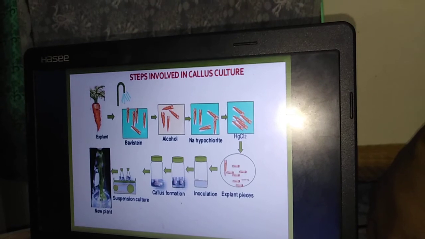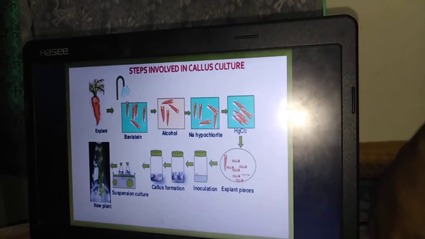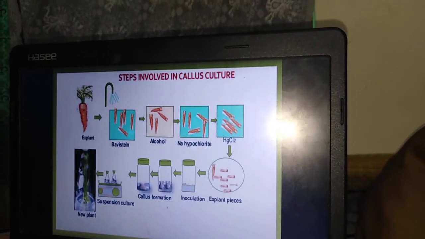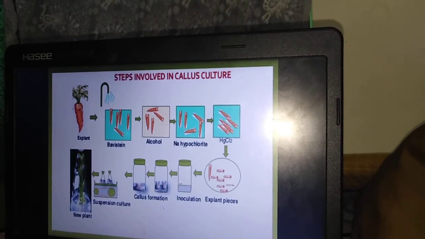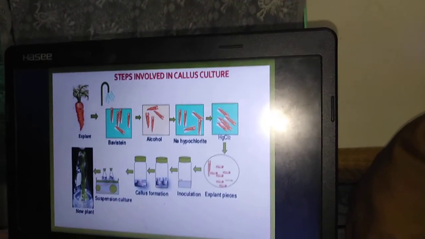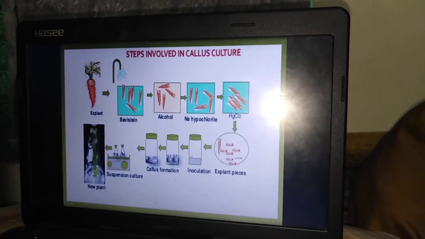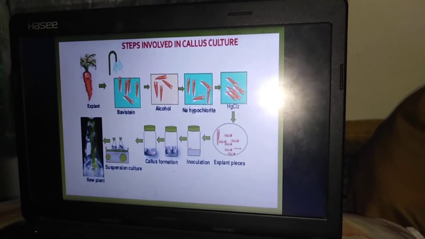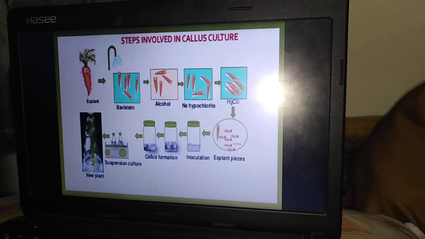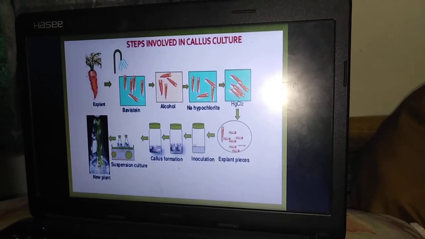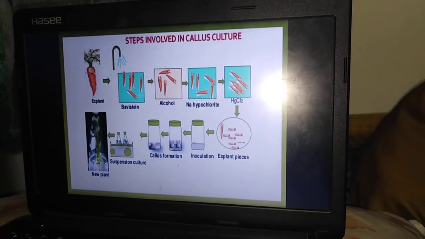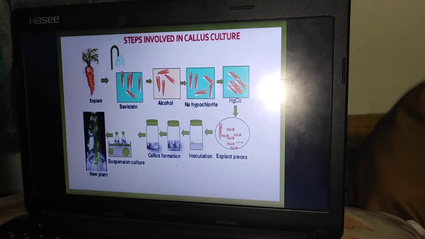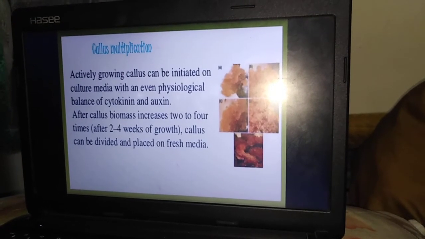Then it is again washed with double distilled or sterilized water. Then the sliced pieces of explant are inoculated on freshly prepared nutrient media. Then it is subjected to incubation. At that time we are going to get the callus formation. And then from the callus tissue we can get the different culture techniques.